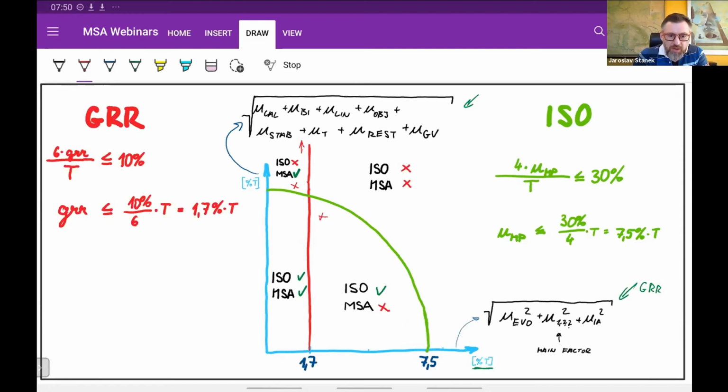The ISO, on the other hand, is trying to put a limit on everything, on the combination. So it is really expected that it will first limit something up here, so it cannot go to whatever high number.